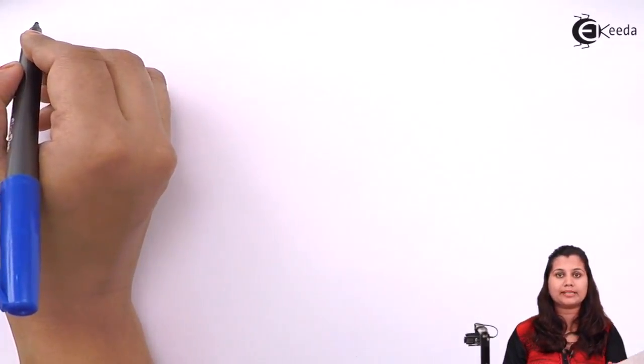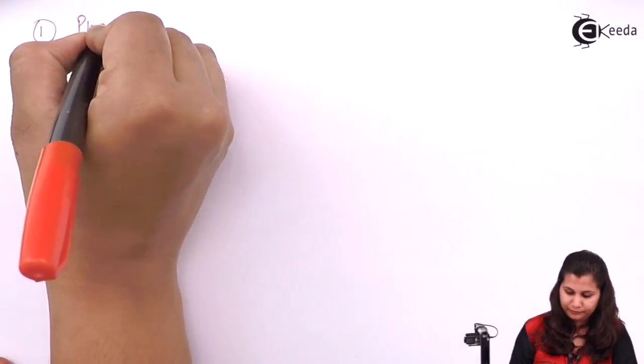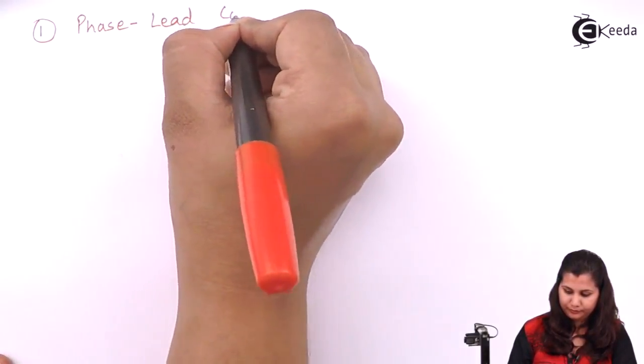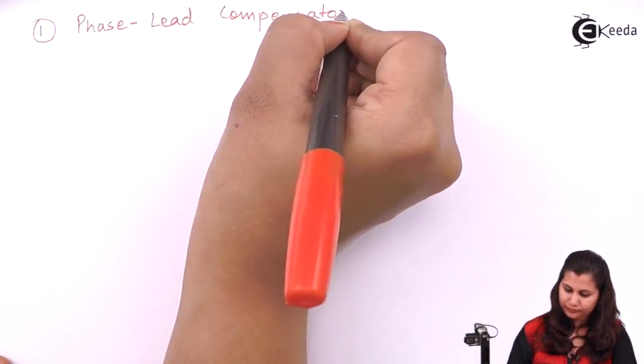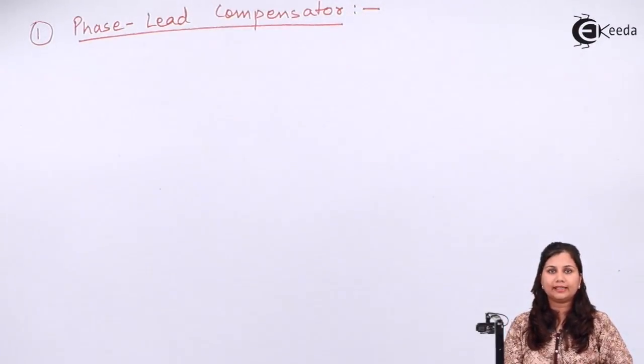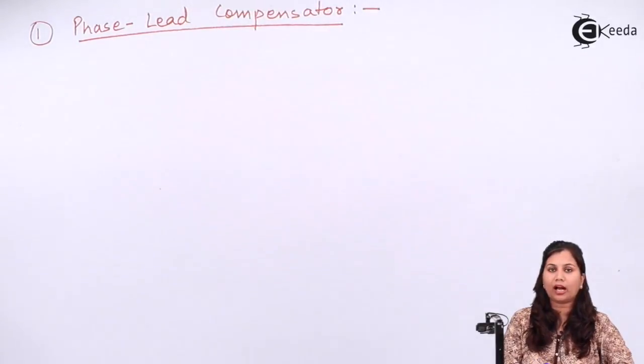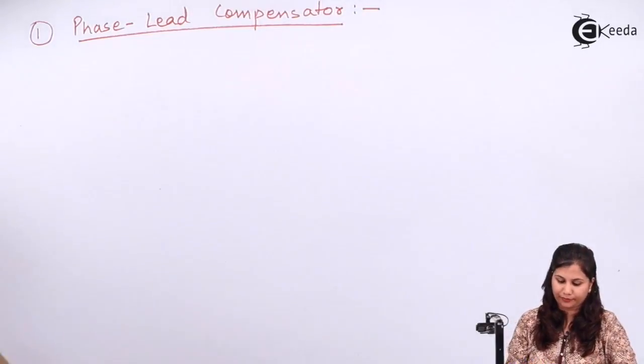The first compensator is the phase lead compensator. In a phase lead compensator, the phase of the output voltage leads the phase of the input voltage.